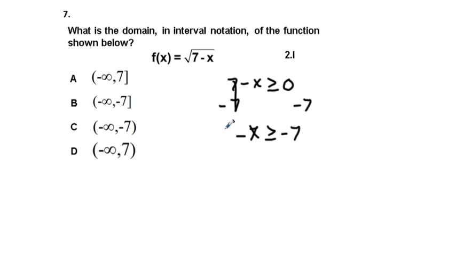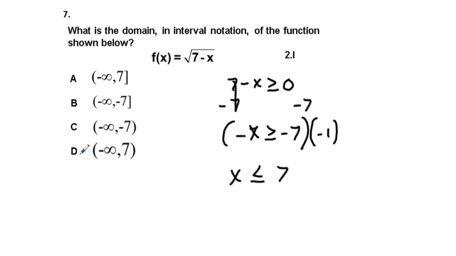And if we multiply both sides by negative 1, we get x and then 7 on the other side, but we have to change the direction of the inequality, so x is less than or equal to 7. I think that's going to correspond to answer choice A.